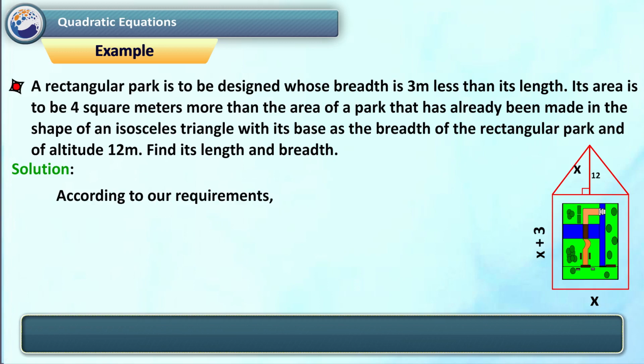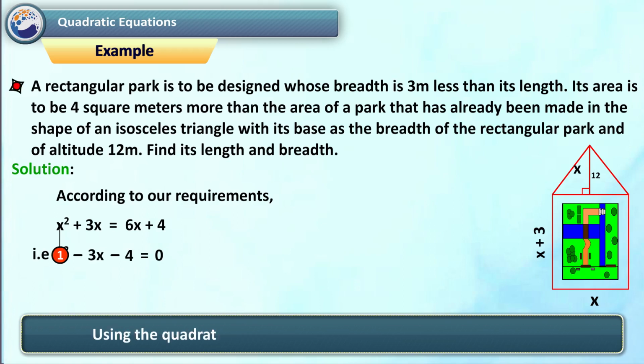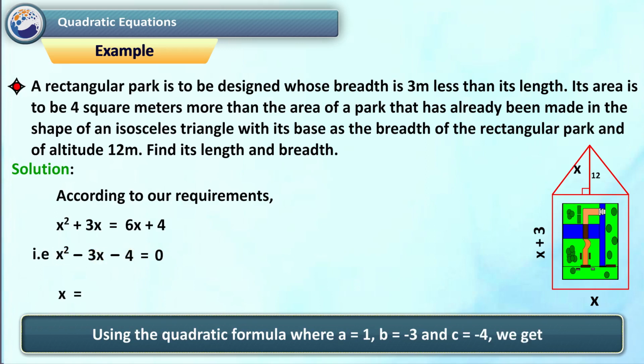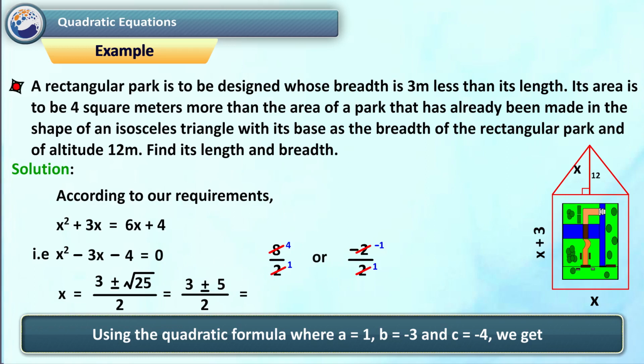According to our requirements, x squared plus 3x is equal to 6x plus 4. That is, x squared minus 3x minus 4 is equal to 0. Using the quadratic formula, where a is equal to 1, b is equal to minus 3, and c is equal to minus 4, we get x is equal to 3 plus or minus root 25 upon 2, that is equal to 3 plus or minus 5 upon 2, is equal to 4 or minus 1.